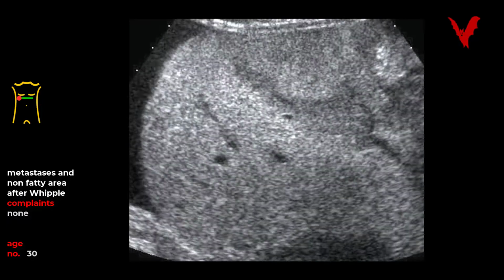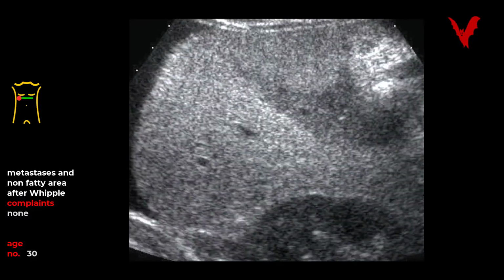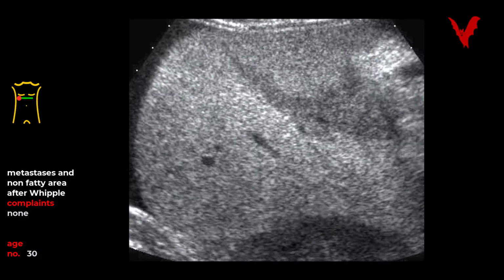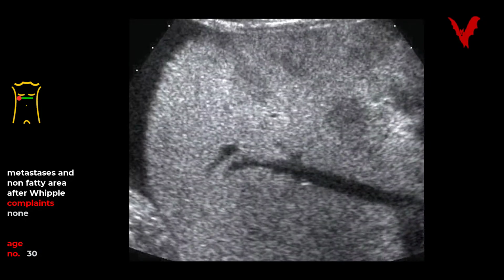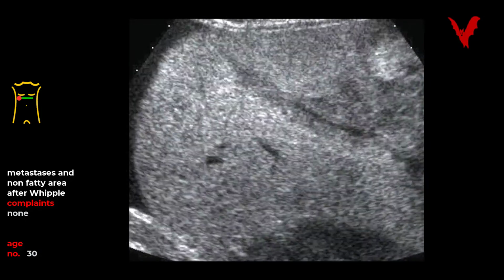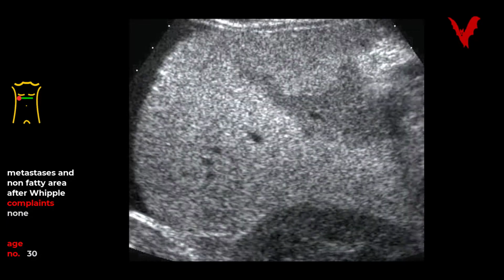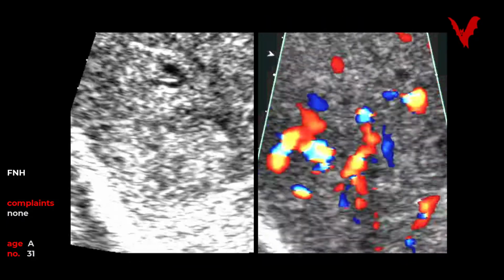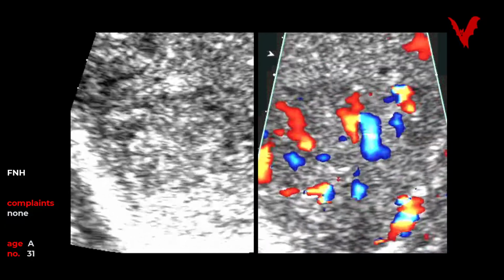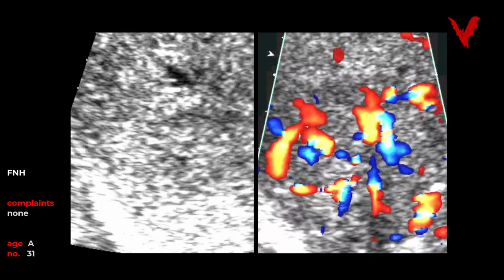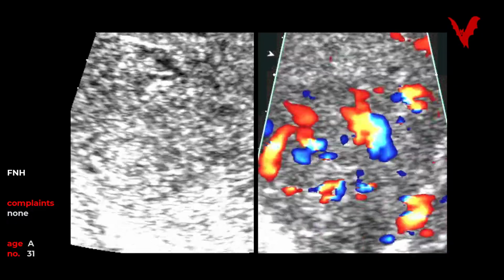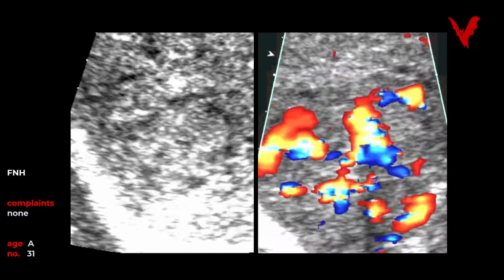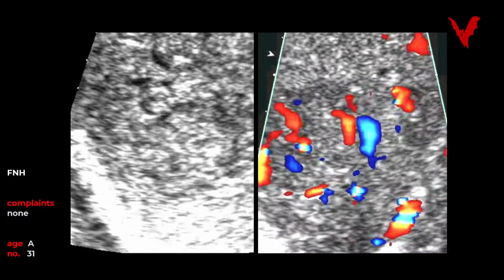Like in figure 30, months after Whipple's operation, this had to be observed as a new finding, as it is very often the case. This typical FNH could be found in a perfusion study in figure 31.